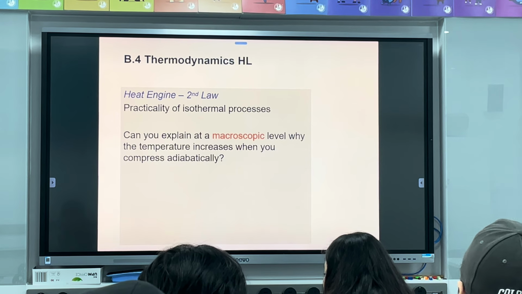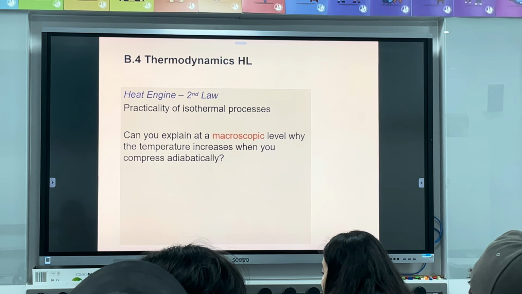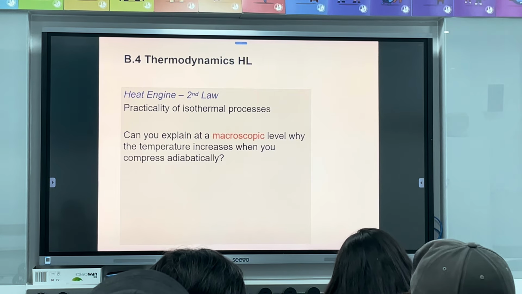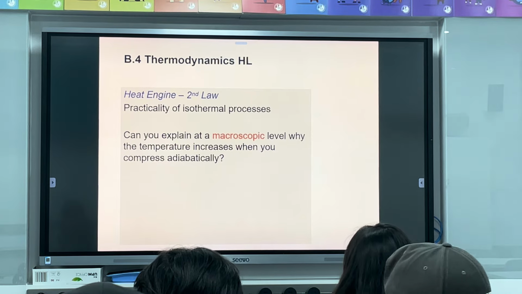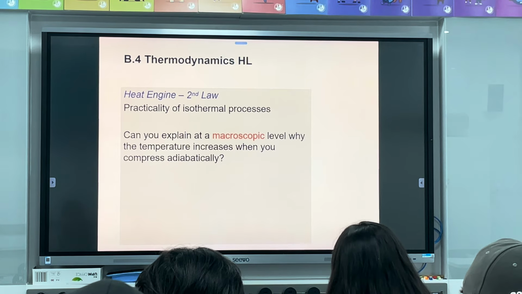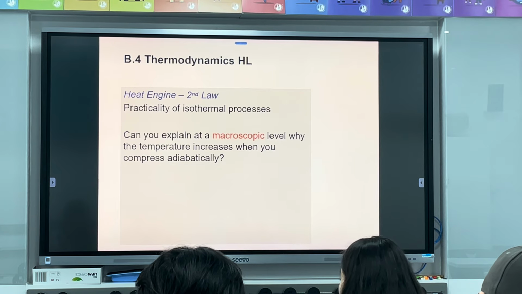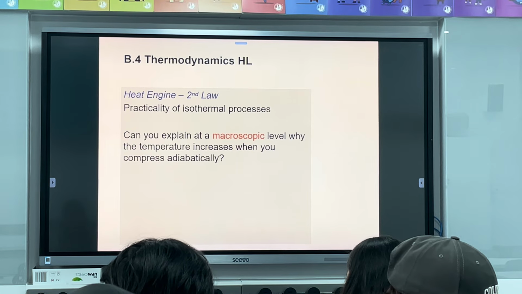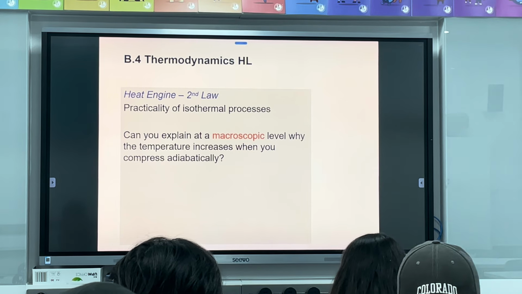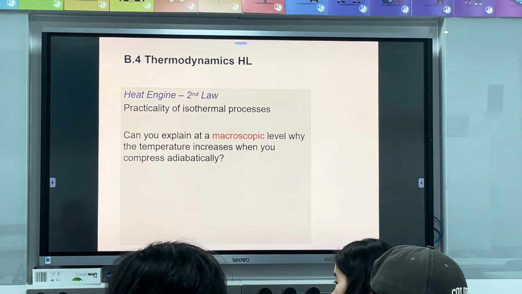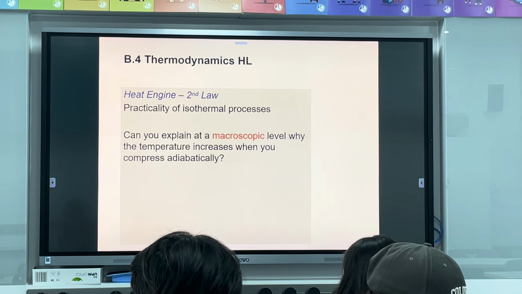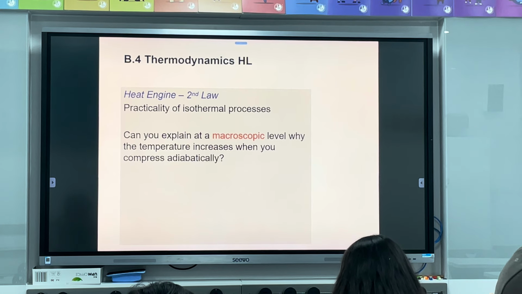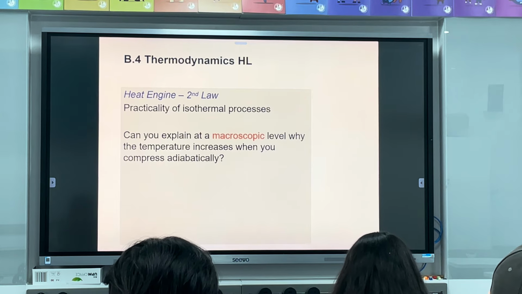Because P1 V1 to the power of gamma equals P2 V2 to the power of gamma. If your volume decreases, then your temperature will increase. T V to the power of gamma minus 1 equals a constant. So when volume decreases, temperature increases.